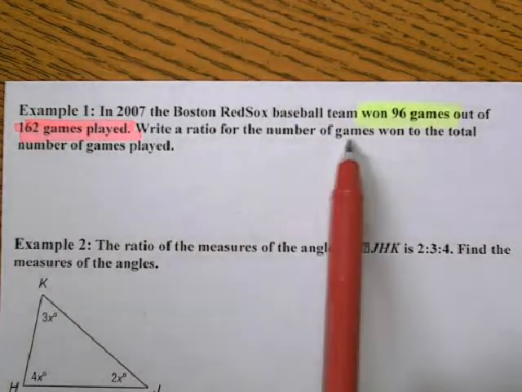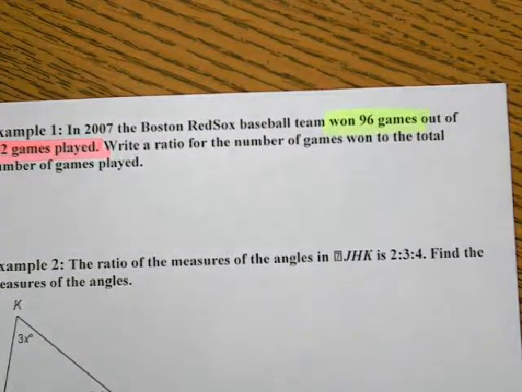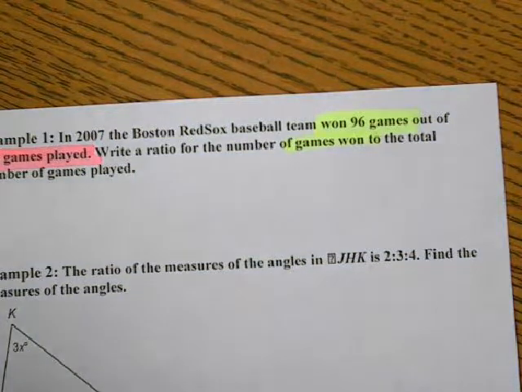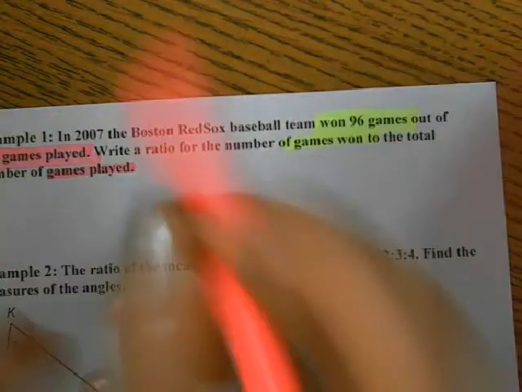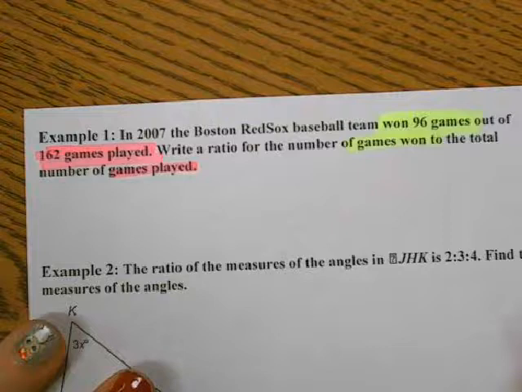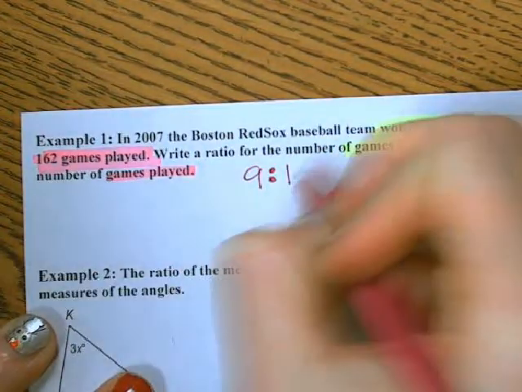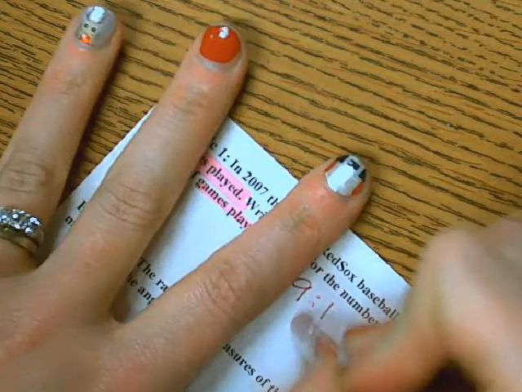It says write a ratio for the number of games won, which is going to be my yellow, to the total number of games played, which is going to be my pink. So that means I'm going to say 96 to 162.